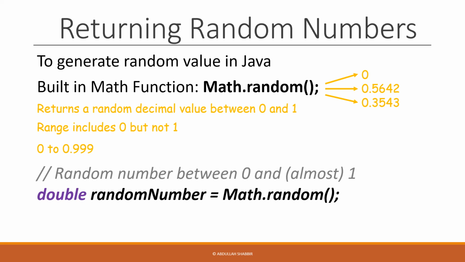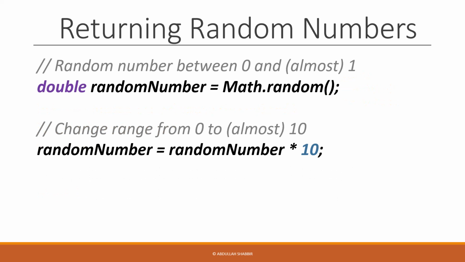For example, we can take the value of randomNumber and multiply it by 10 to get a larger random range. We know that our random number will be in the range of 0 to almost 1. So if Math.random outputs its lowest possible value at 0, we'll have 0 multiplied by 10, which equals 0.